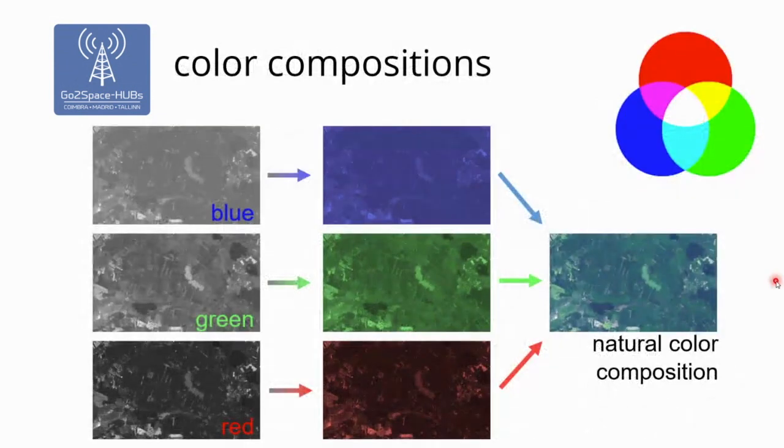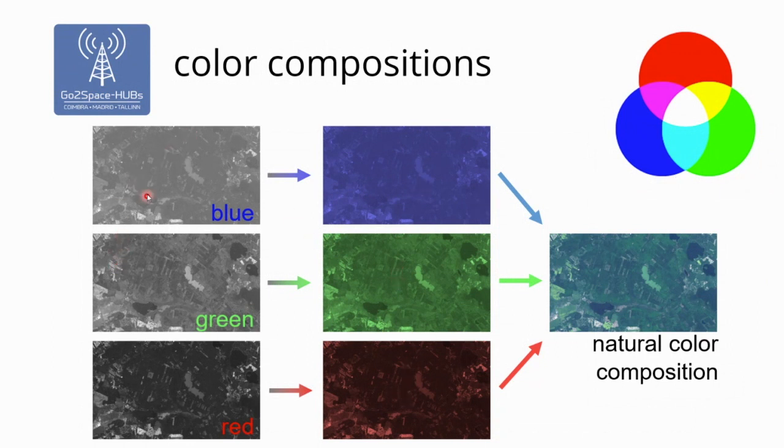Of course, very rarely we use those single bands to analyze, to visualize this data. Usually we use something called color compositions. To do that, we need 3 different images, or at least 3 images in general, and we put each image through one of 3 filters, basic color components like blue, green, and red.